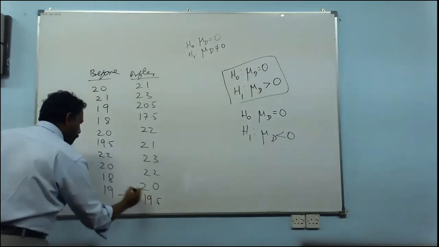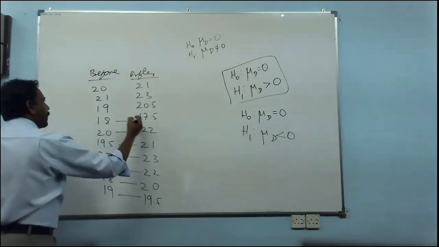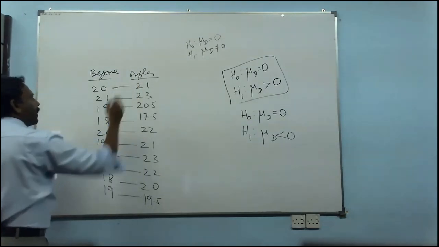So this goes as pairs always. These values go as pairs. Right?